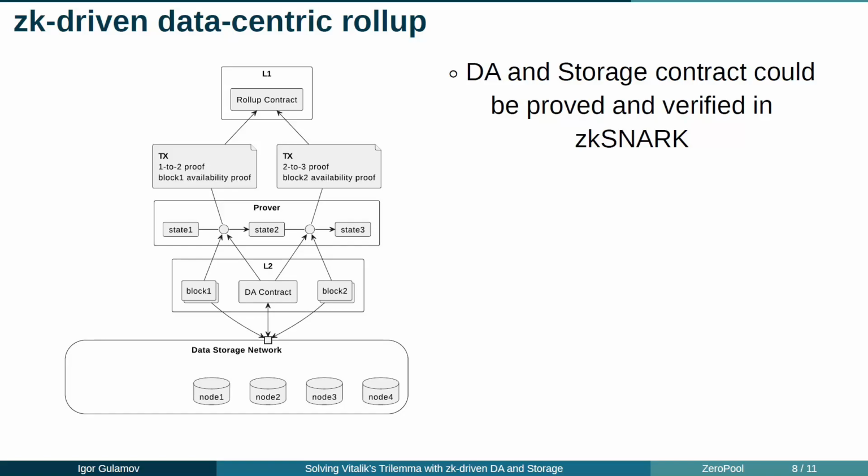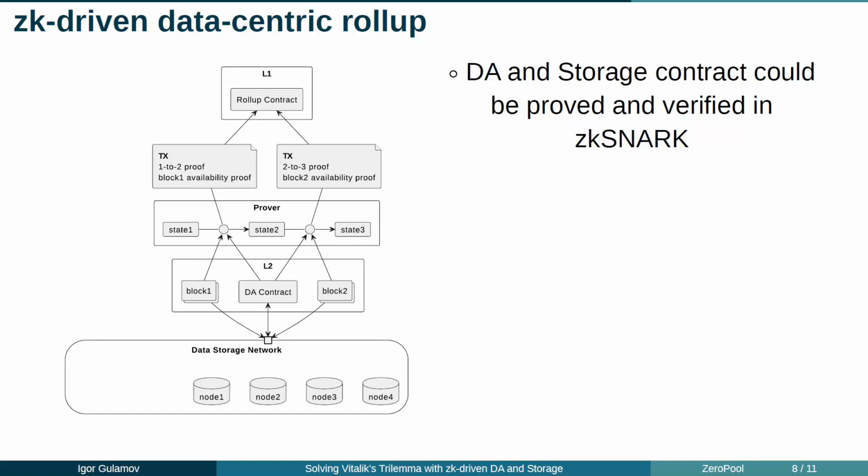We can do it because we can prove with SNARKs the whole process related to storage and availability of data, including state transitions, random data availability sampling, mining of nodes, and so on.